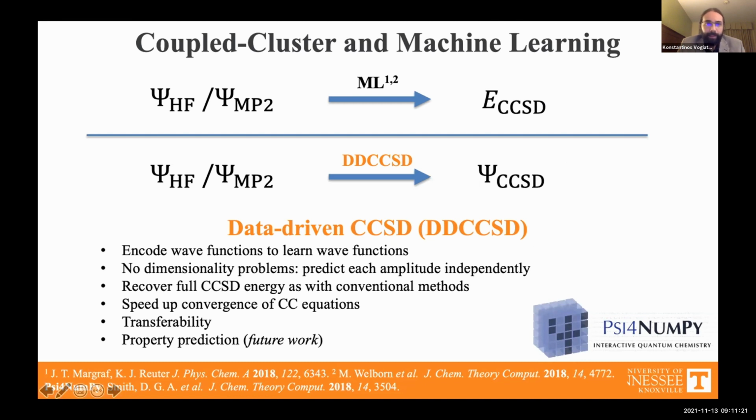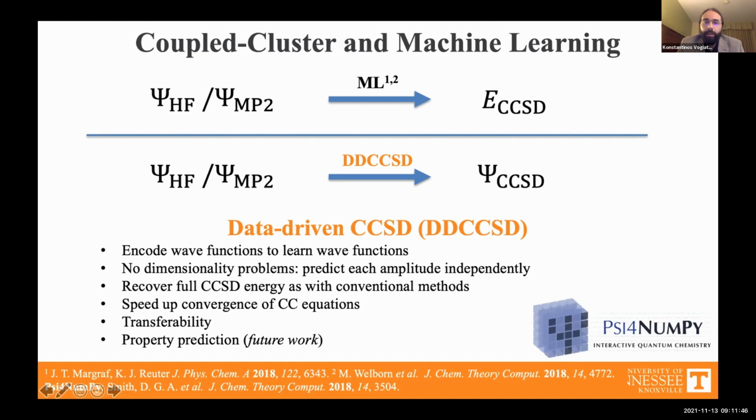And with the examples that I have later, I hope I will convince you that we can achieve transferability with this scheme. Additionally, something we haven't explored yet, but have considered, is that once we have a predicted wave function, we can either use it to obtain the energy or use it to obtain properties that are directly connected with that particular level of theory, like, for example, polarizabilities and whatever else we need.